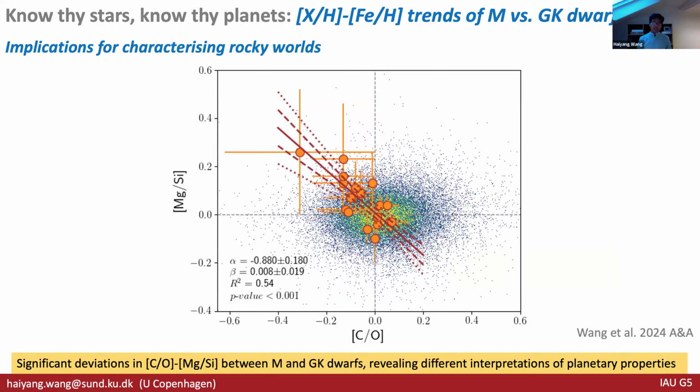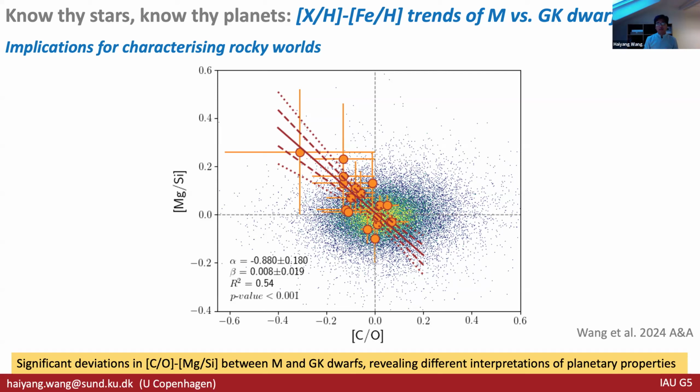And then, okay, the question is, what can we learn out of this statistical test? So one particular thing I show here is the magnesium-silicon to carbon-oxygen ratio, as I showed earlier. I hope you agree that this is very important for understanding the planet property to first order.